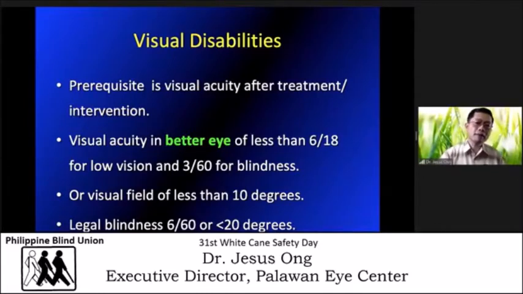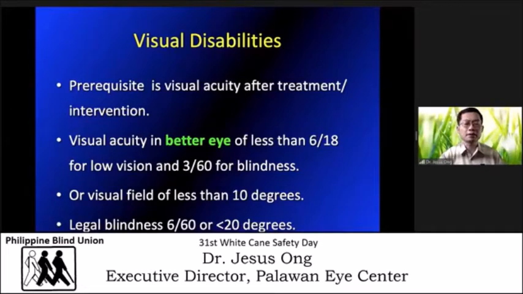Visual acuity in better eye of less than 6/18 for low vision. Ito ng parameters, no? Kailangan ang visual acuity ng better eye ay less than 6/18 for low vision, no? And 3/60 for blindness. Yun ang ginawa ng DOH as a sort of classification, no?